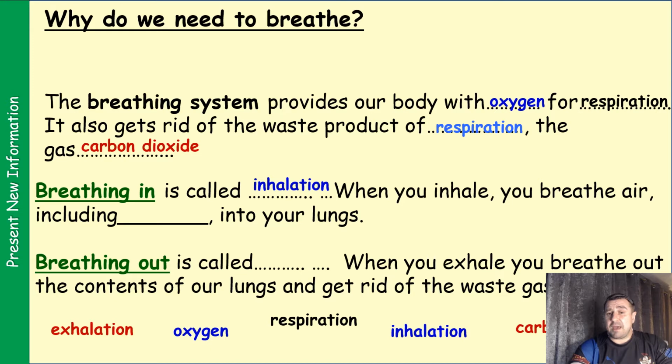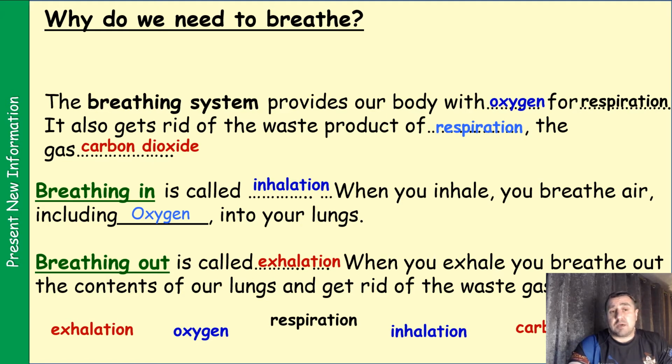So when we inhale, you breathe air, which includes oxygen, into the lungs. Now breathing out, from the keywords activity, you should know it is exhalation. And when we exhale, we breathe out the contents of the lungs and we get rid of the waste product, the gas carbon dioxide.